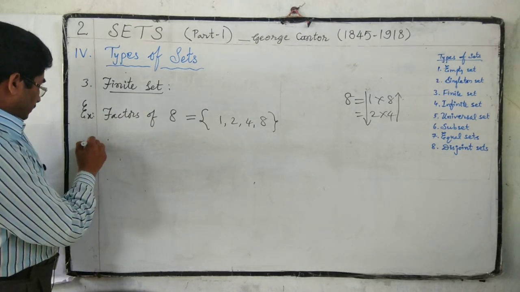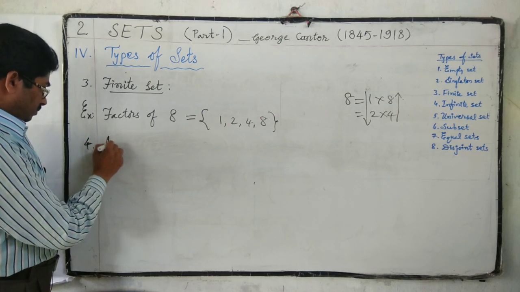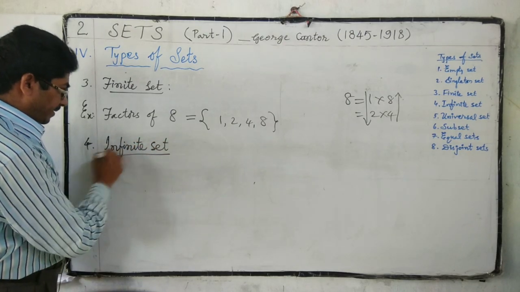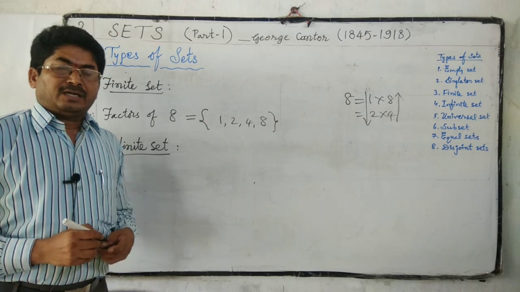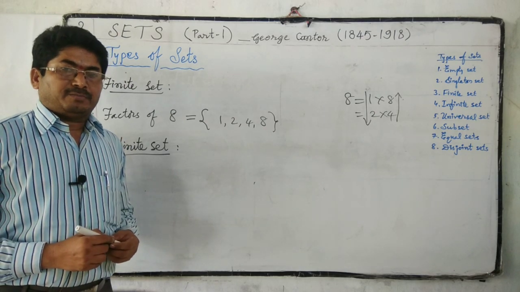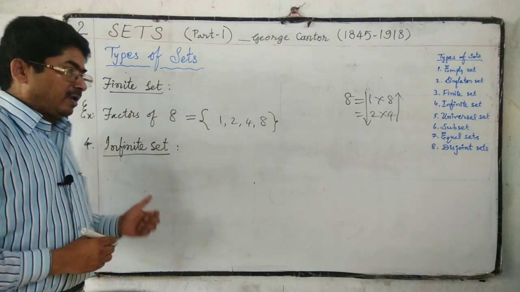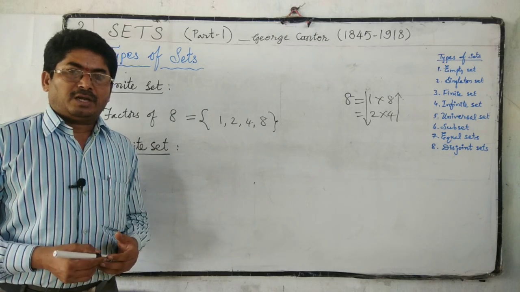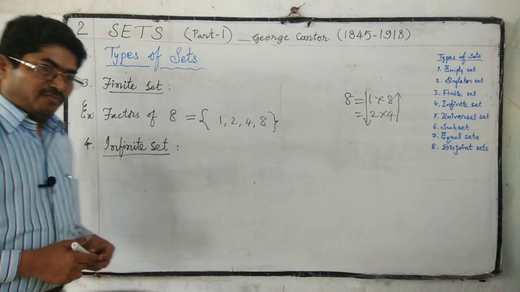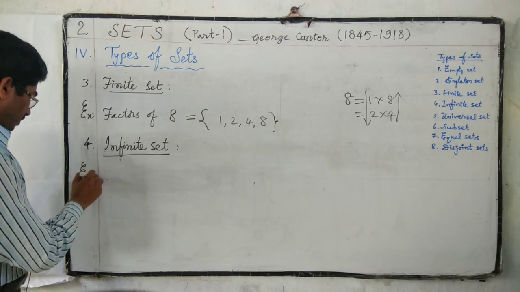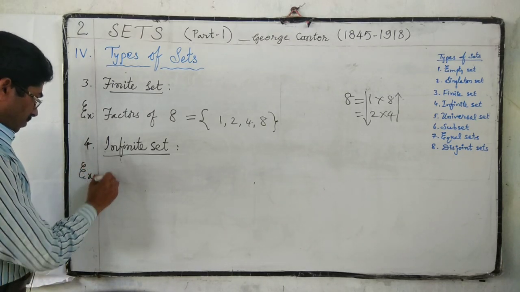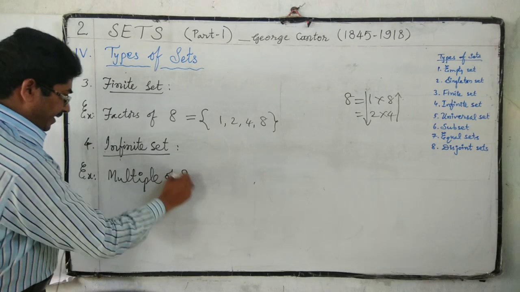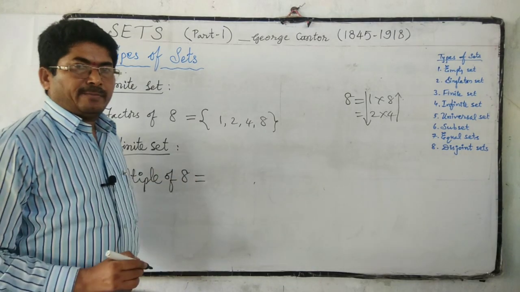Next, infinite set. A set containing an infinite number of elements is called an infinite set. Means uncountable number of elements. For example, multiples of 8.